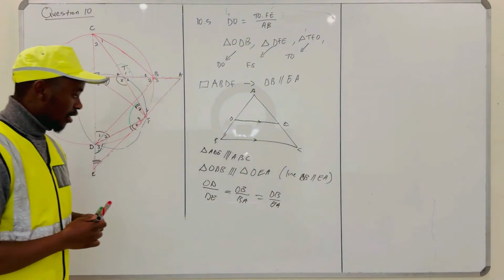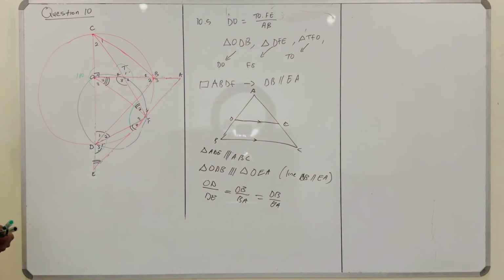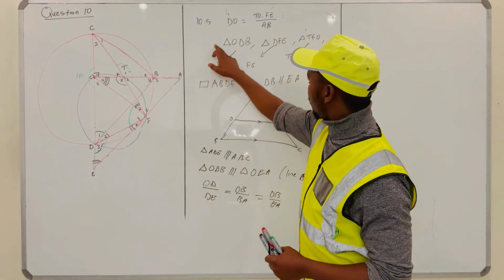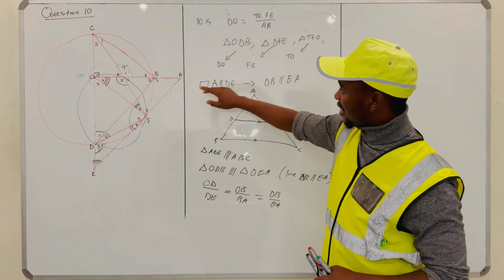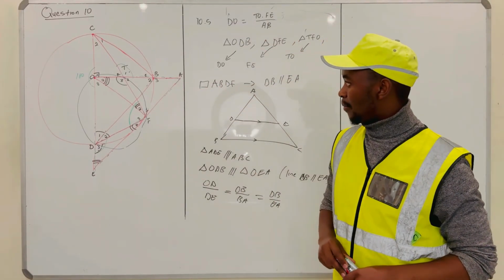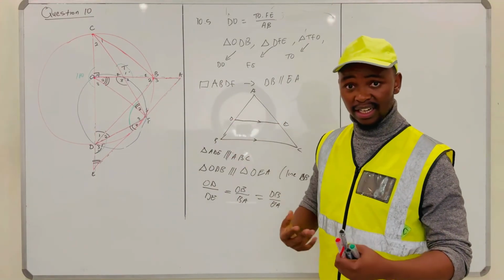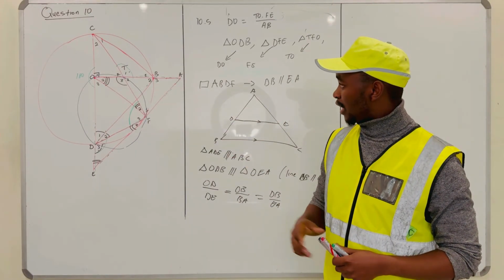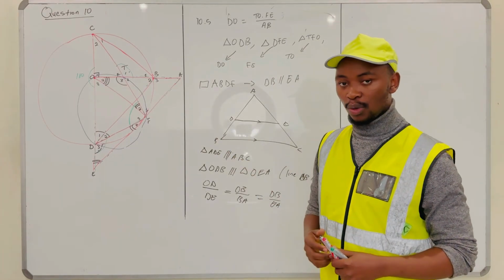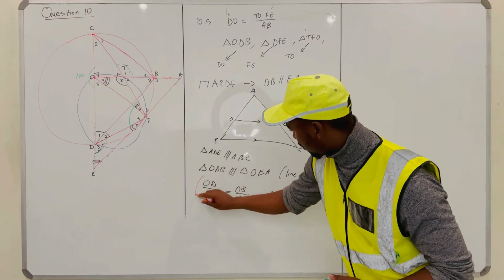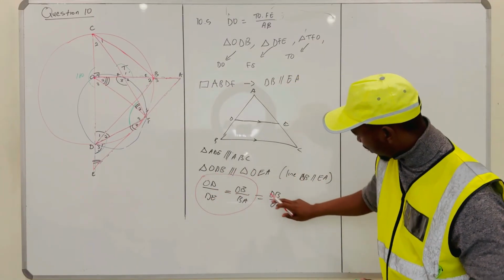Alright, we can firstly identify from here a side that we just identified. You remember I mentioned to you that AB, out of all these triangles, is the side that is quite awkward for us, because it is not sitting in one of the triangles, so we cannot quickly link it to one of the triangles we're working with. But now we've just linked it via this formula here. Or we can use this one.